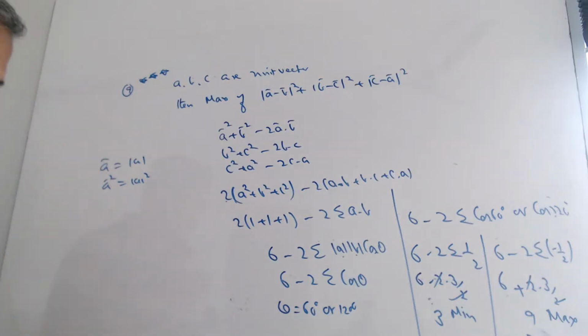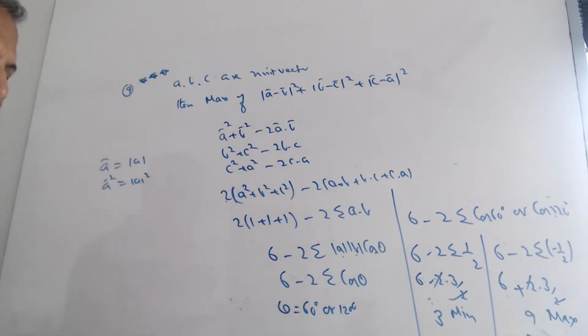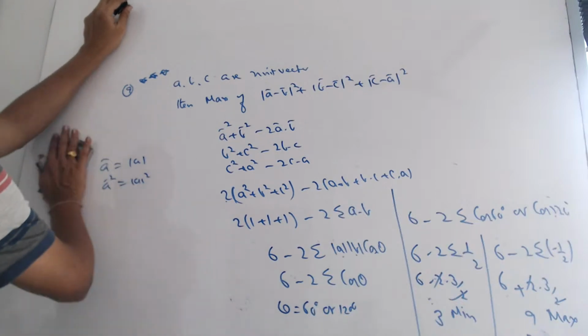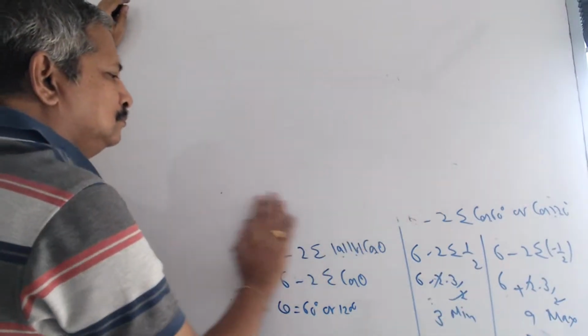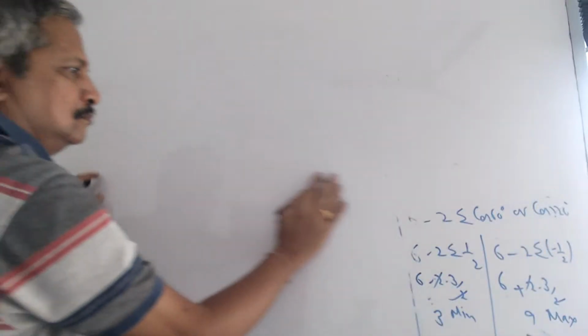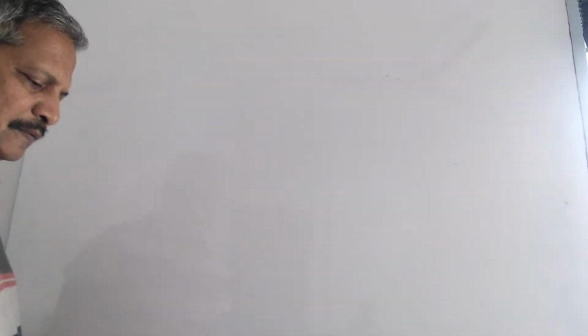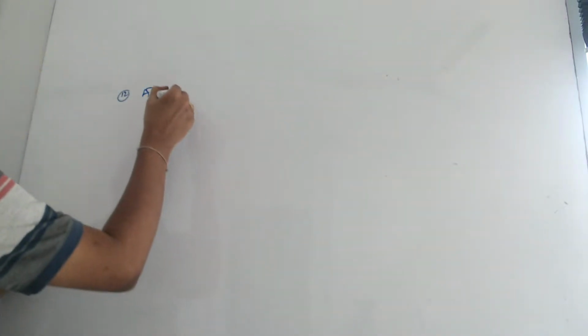Next, another thing is AB bar is equal to 3i plus 4k.